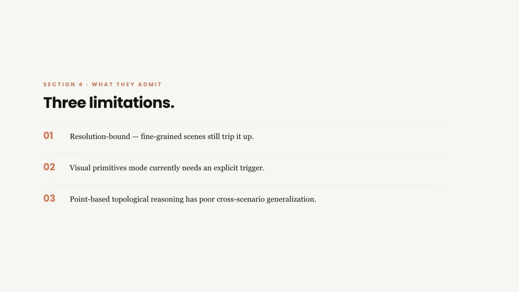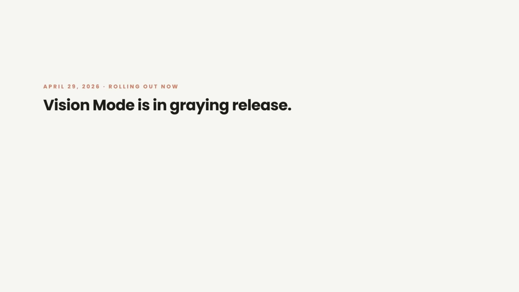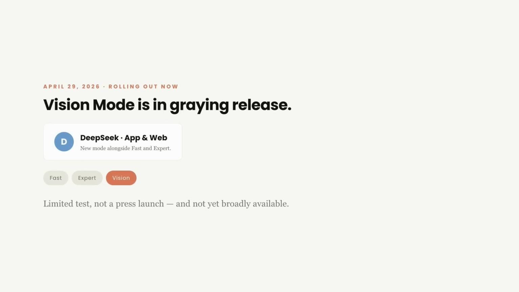And here's the timing piece. April 29, DeepSeek started rolling out vision mode in the app and on the web, at least a limited test along their fast and expert modes. So while the paper itself is hard to find right now, the model behind it appears to be in gradual rollout.